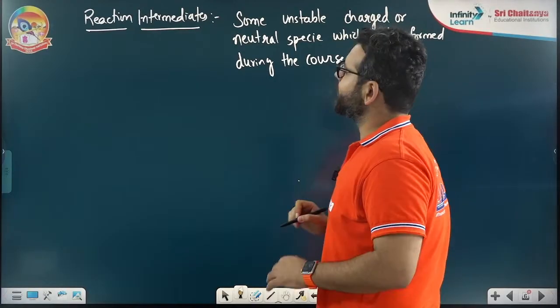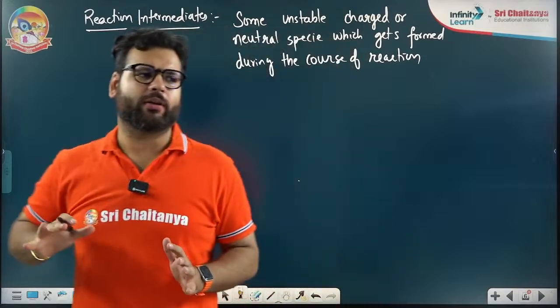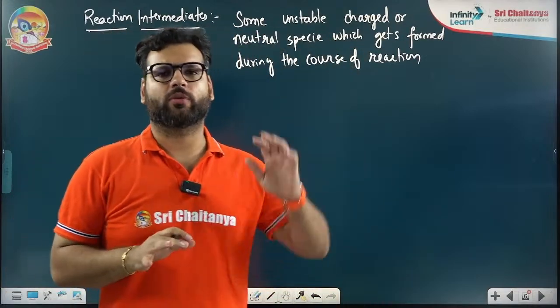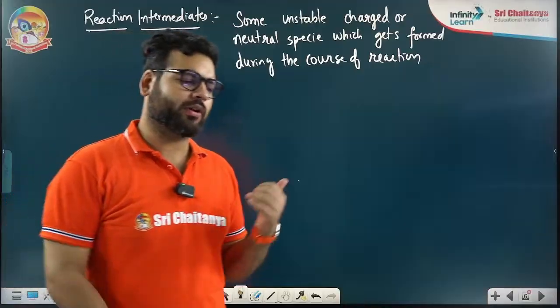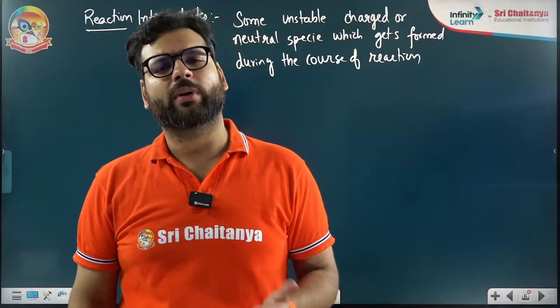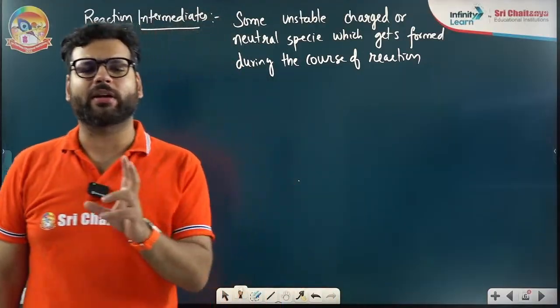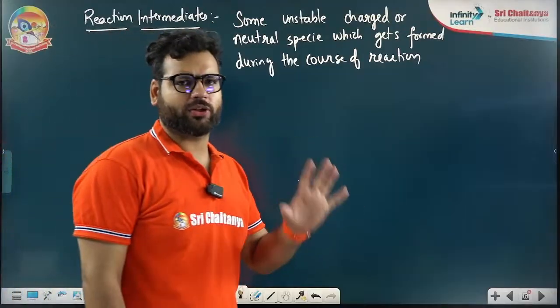A reaction intermediate can be isolated, but at a very, very low temperature. It's not like a product that you can keep at room temperature, but you can isolate a reaction intermediate at very, very low temperatures.